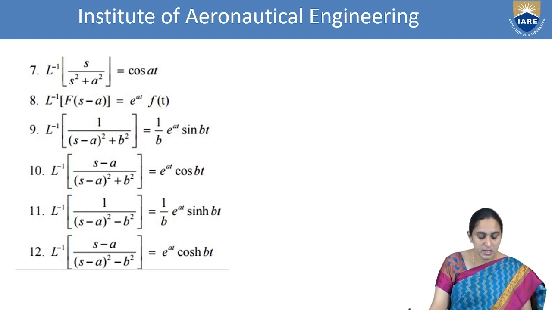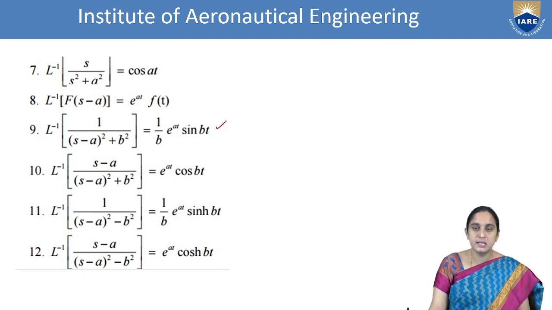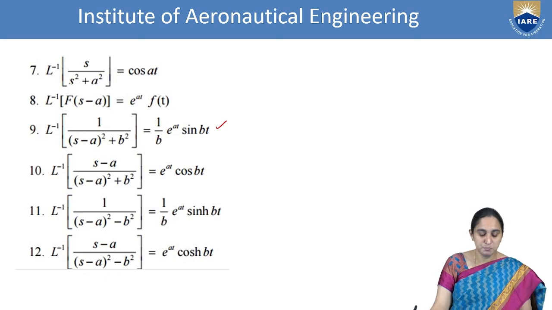And the ninth one, Laplace inverse of 1 by (s minus a) whole square plus b square is equal to 1 by b into e power at into sin bt. And the tenth formula, Laplace inverse of (s minus a) by (s minus a) whole square plus b square is equal to e power at into cos bt.